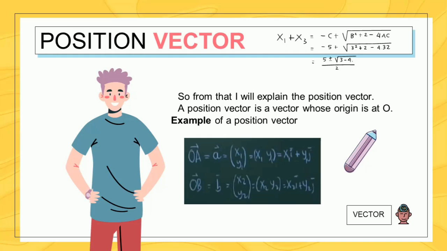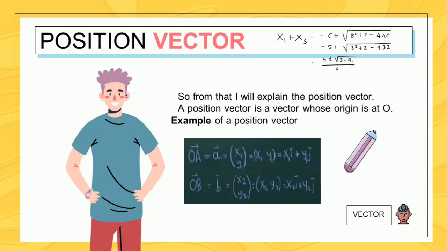Then how do we declare OA and OB? We write it next to the lowercase a in various forms. It can be in the form of a column matrix (x1, y1), it can also be expressed in the form of a row matrix like this (x1, y1).